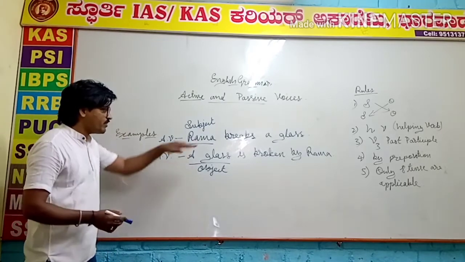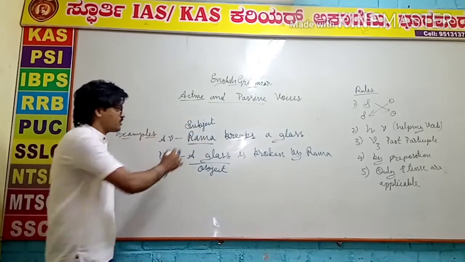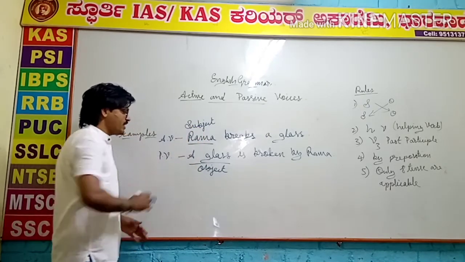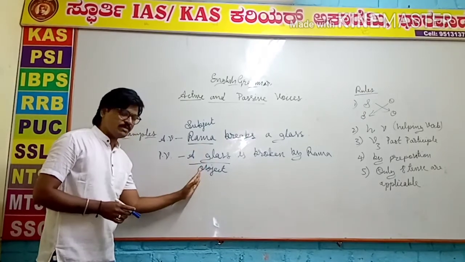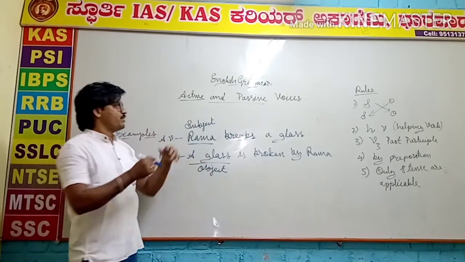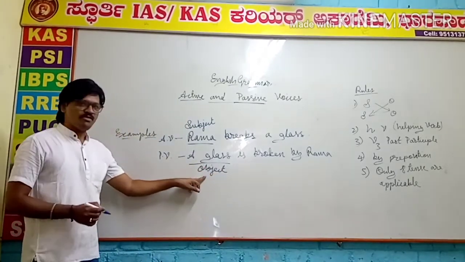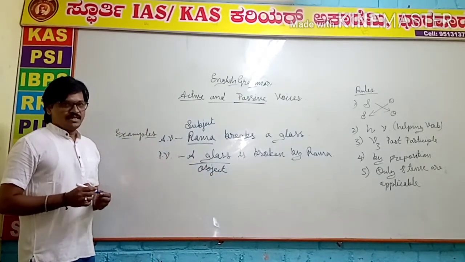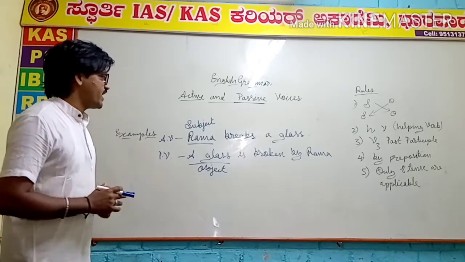If you give importance to the subject, that is called active voice. If the object comes to the subject place, that is called passive voice. Clear now? Okay, so now you understood what is active voice and what is passive voice.